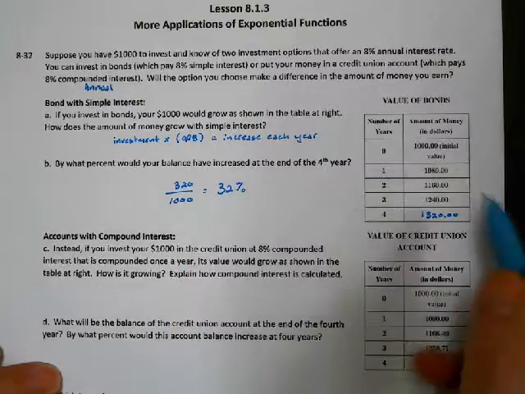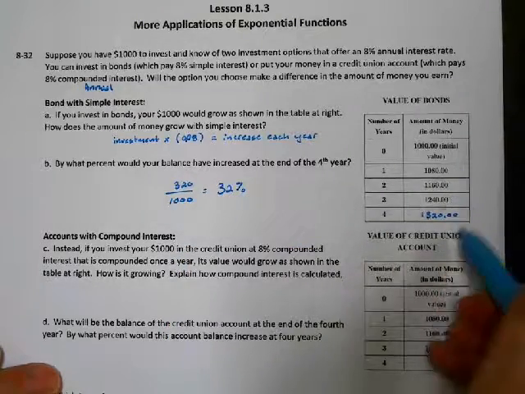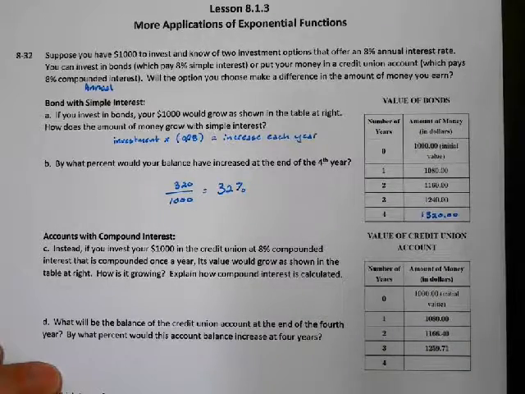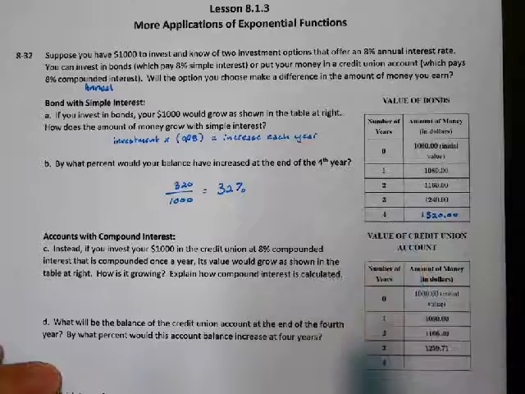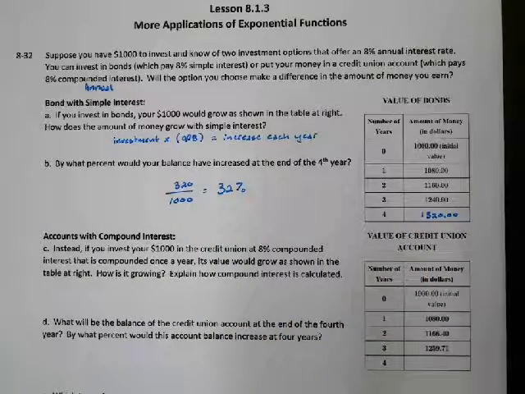Which makes sense because I added 8% each year: 8% in the first year, 8 more in the second, 8 more in the third, 8 more in the fourth. That's a total increase of 32% off of my initial investment of $1,000. So that's our bond with simple interest.